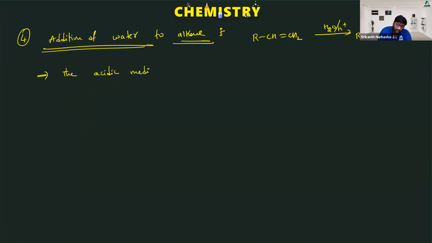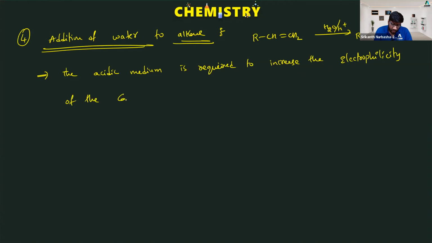The acidic medium is required to increase the electrophilicity of the carbon. Electrophilic species is that species which has a tendency to accept electrons. The acidic medium is required to increase the electrophilicity of the carbon of the alkene.